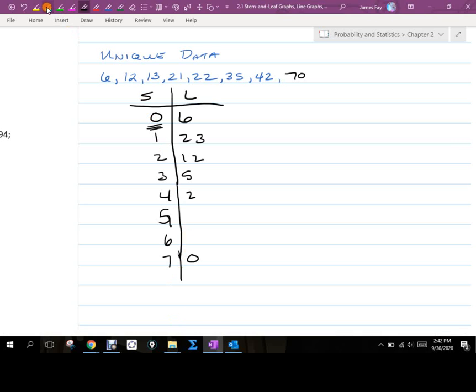And the reason I do that is, what do we call things that are not like the rest of the data? Outliers. Okay, so that visually helps me identify whether 70 could potentially be an outlier. That's one of the benefits of creating a stem and leaf, is that it structures things so that you can see, okay, this piece of data is not closely tied to the other, so that's potentially an outlier.